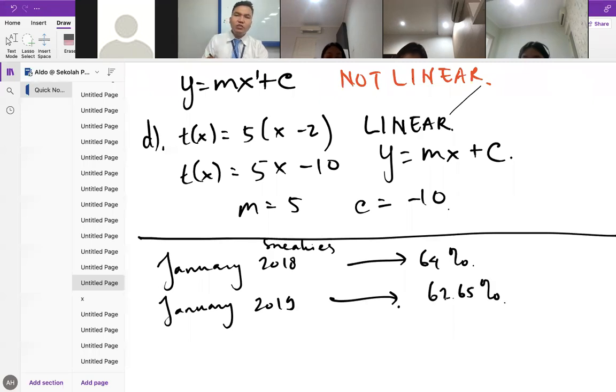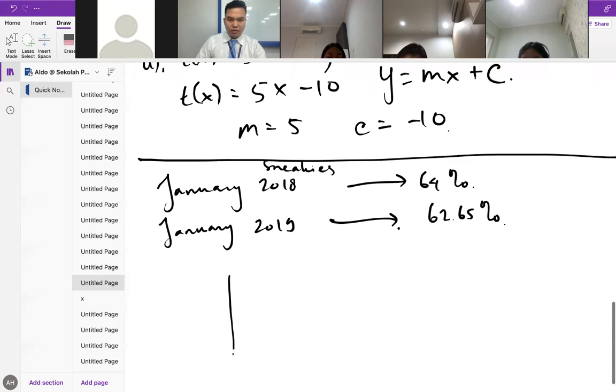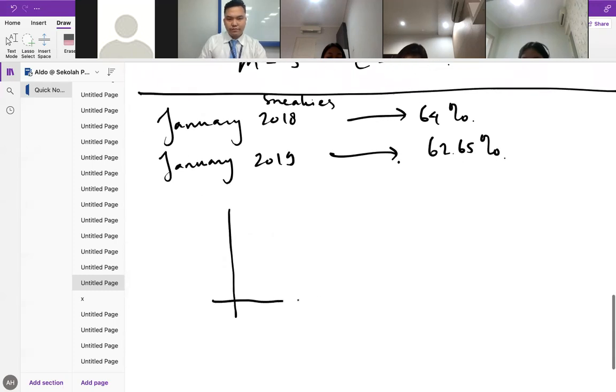The easiest way to solve this question is with the help of a graph. So I do simple graphing. We have 0 here, which represents January 2018, and then this is t years.